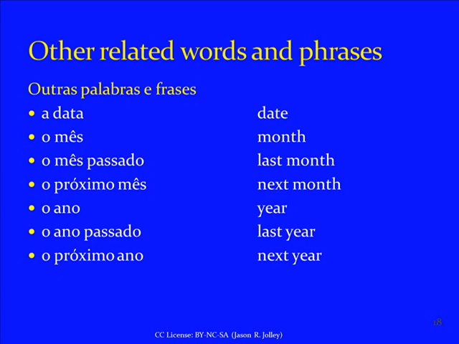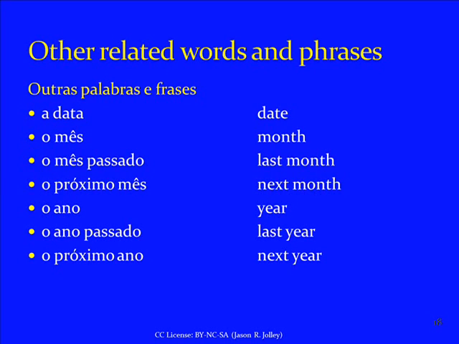And on the next slide, I've just put some words that, again, are related to talking about months and dates. So we have a data, which is the date. O mês. Last month, o mês passado. Next month, o próximo mês.